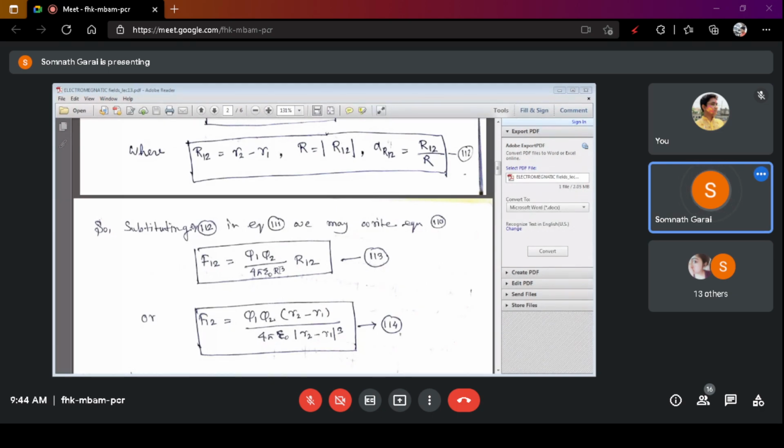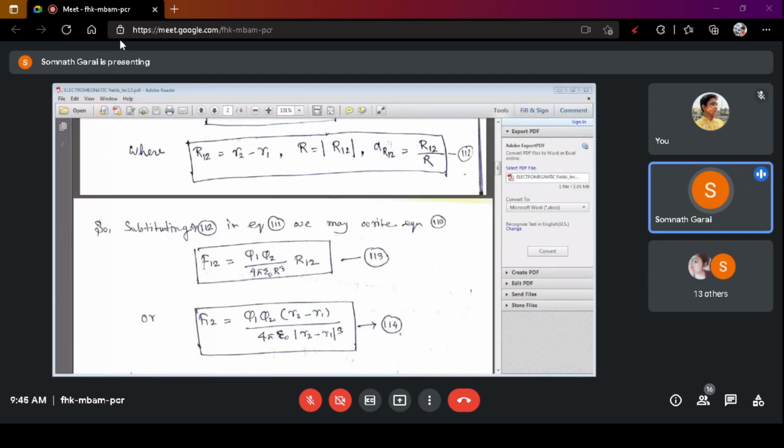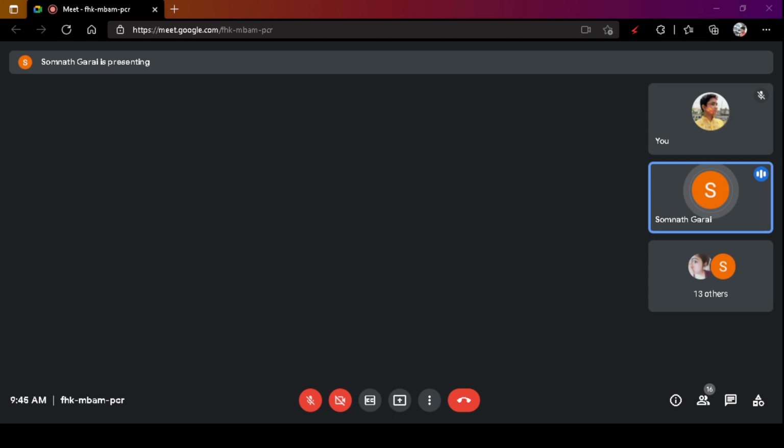AR12 is equal to R12 by R. That's why if we put AR12's value R12 by R, the force of the first charge with respect to the second charge, F12, is equal to Q1 Q2 divided by 4 pi epsilon naught R cube into R12.